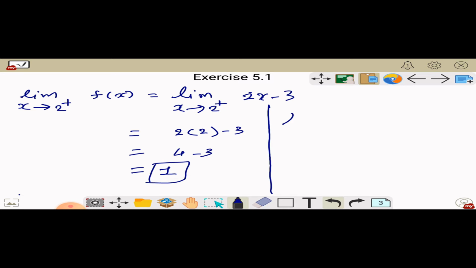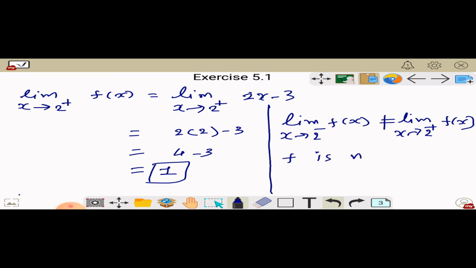So just because limit x tends to 2 minus f of x is not equal to limit x tends to 2 plus f of x, function f is not continuous at x equal to 2.